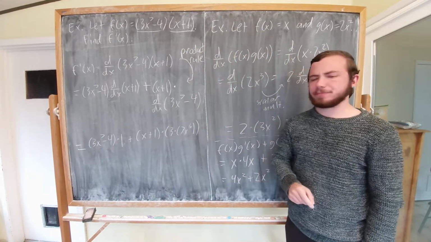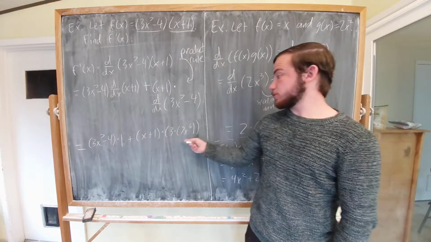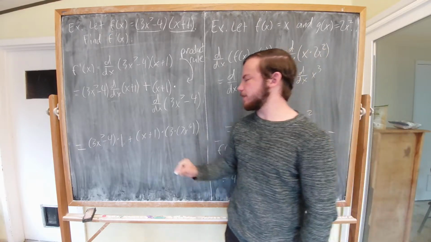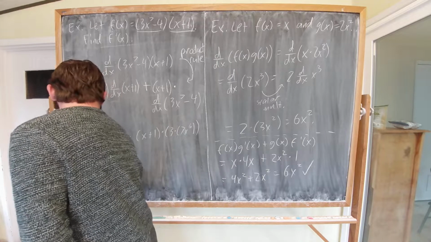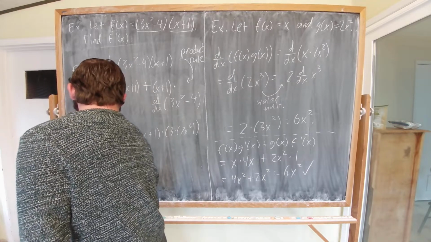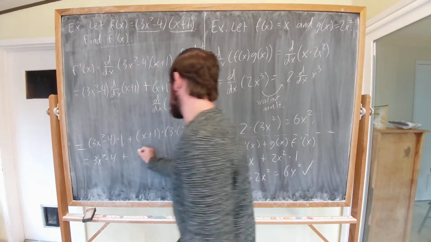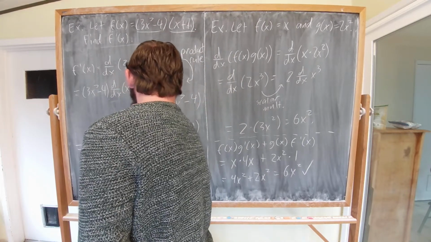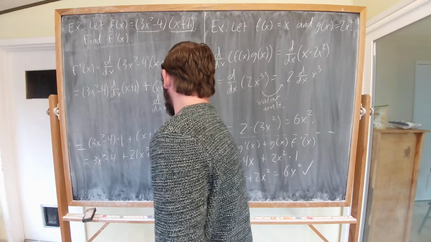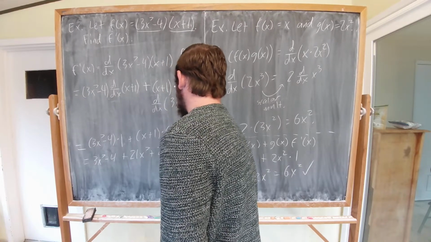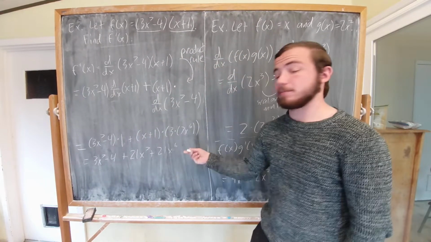Cool. So we're just left with this, doing the algebra all out. That's 3x to the 7th minus 4 plus 21x to the 7th plus 21x to the 6th.